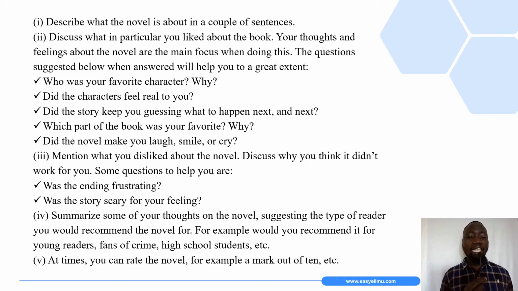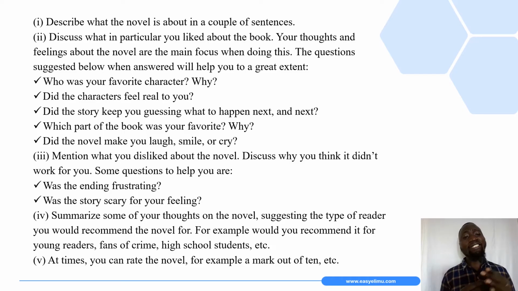So the first step, dear students, describe what the novel is about in a couple of sentences. So if we are talking about An Artist of the Floating World, if we are talking about The Samaritan, which is a play, if we are talking about Blossoms of the Savannah, for instance, which is a novel, what is the novel about? So you must briefly describe what the novel is about in a few sentences.